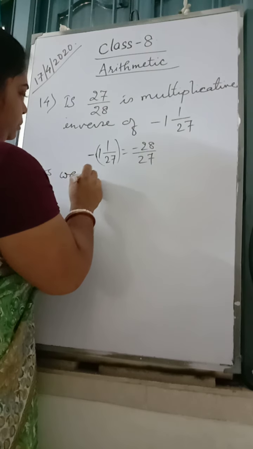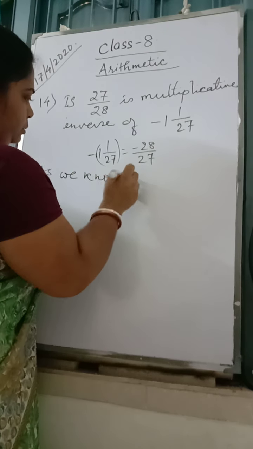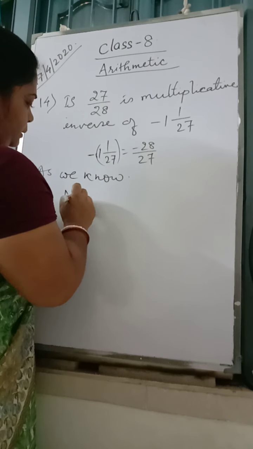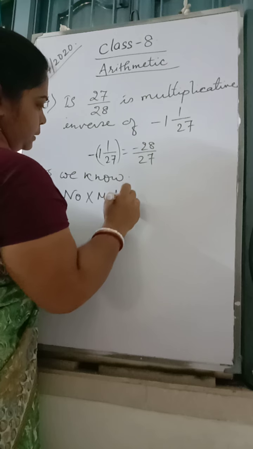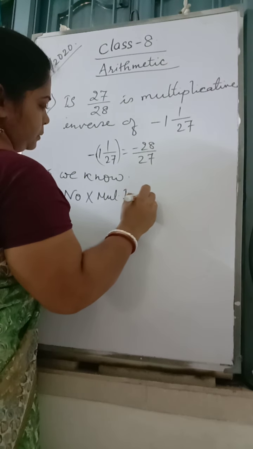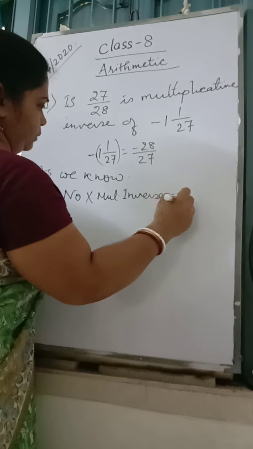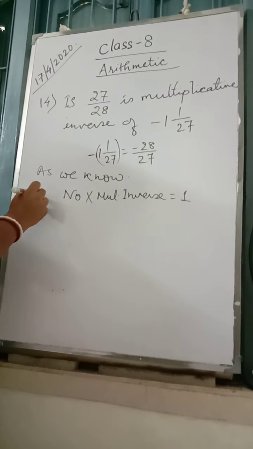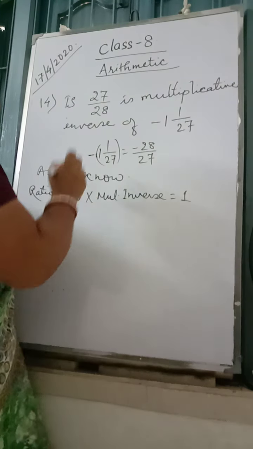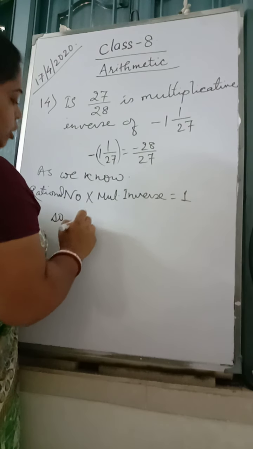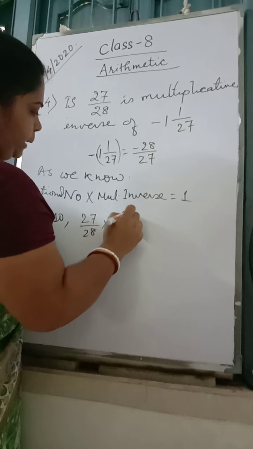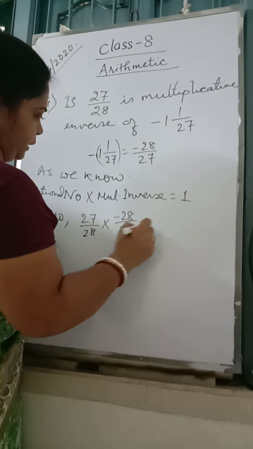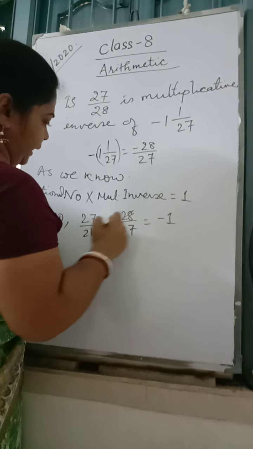As we know, any rational number into its multiplicative inverse is 1. So 27 by 28 into minus 28 by 27 is equal to minus 1.